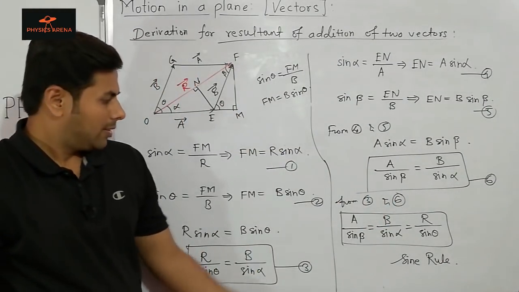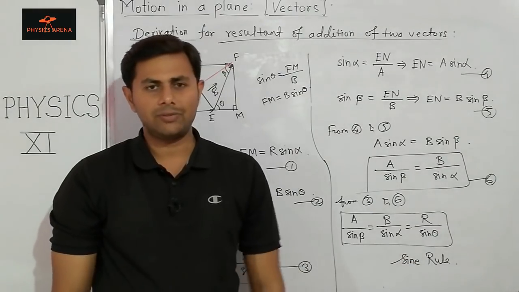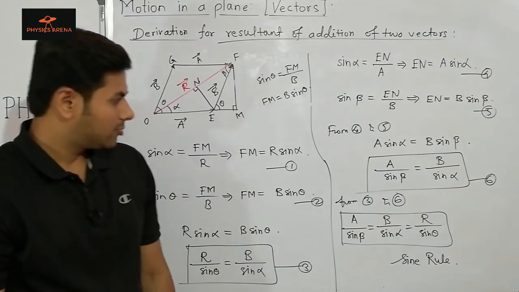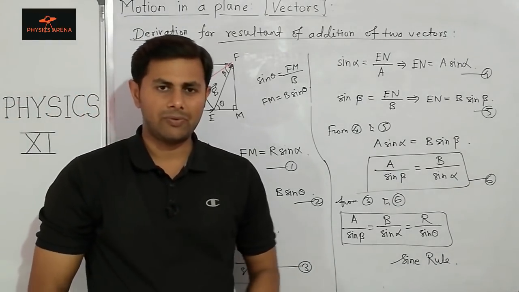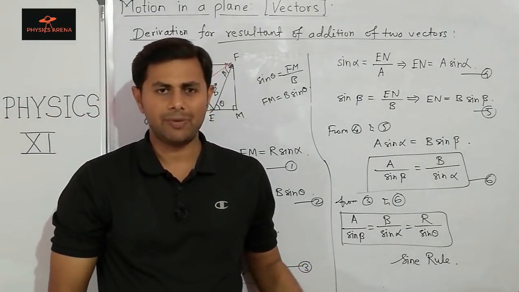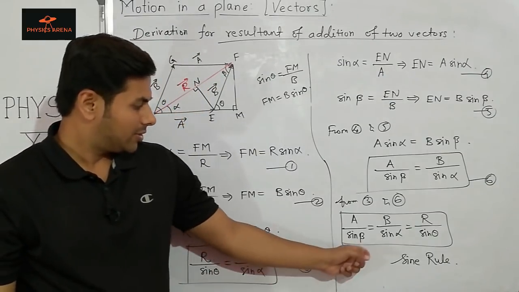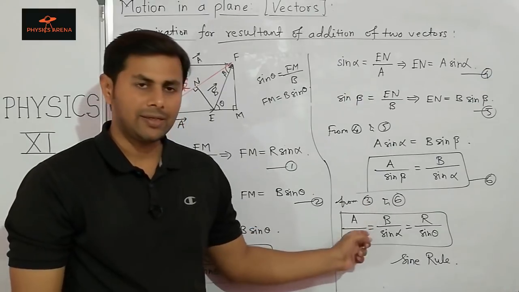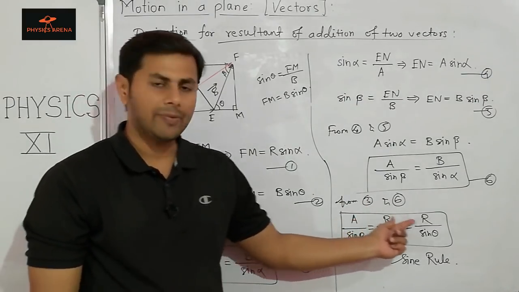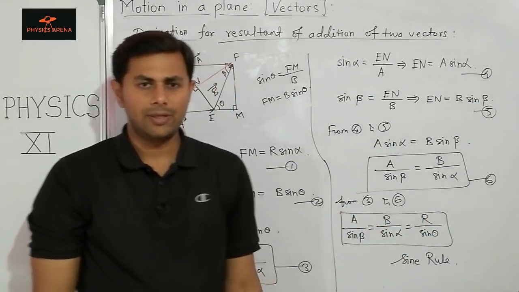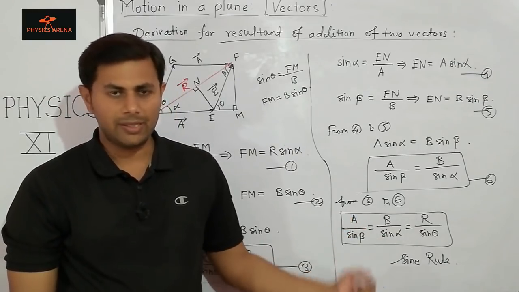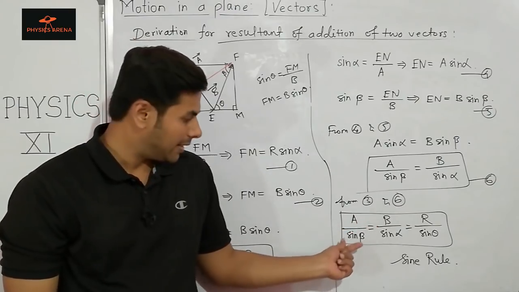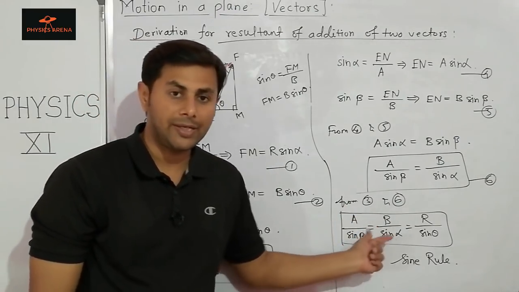Okay, and this is very simple compared to that previous relation for angle alpha, which was tan of alpha equals B sine theta divided by A plus B cos theta. So this is simpler. How to memorize this? We have the vectors A bar and B bar, and the resultant is R bar. So pick any vector of these three. Suppose I pick A bar. So the magnitude of A divided by the sine of the angle between the remaining two.